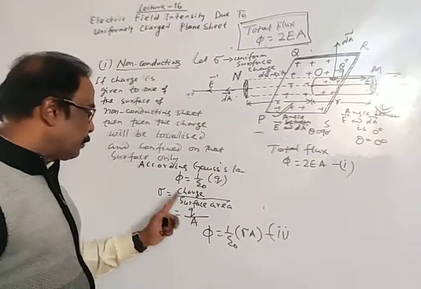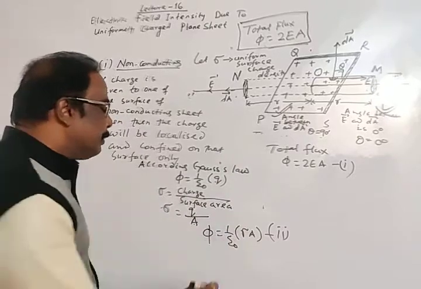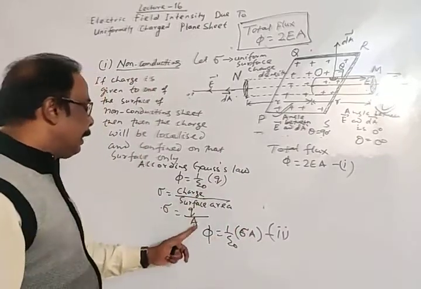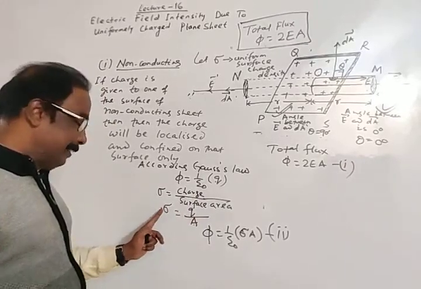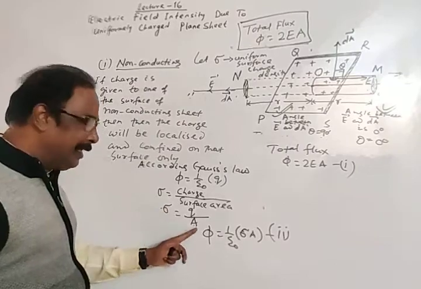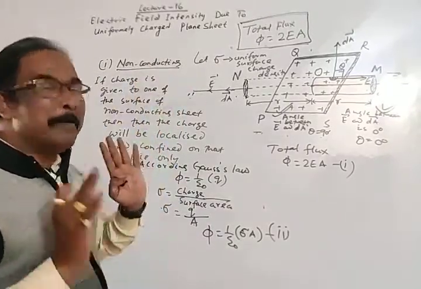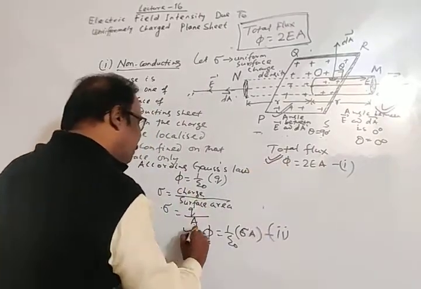Applying Gauss law, we get total flux is 1 by epsilon naught times the charge, and in place of charge, charge is equal to the product of uniform surface charge density and one surface area of the non-conducting flat sheet or plane sheet. This is equation 2.